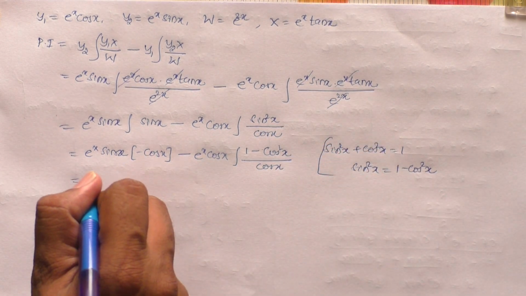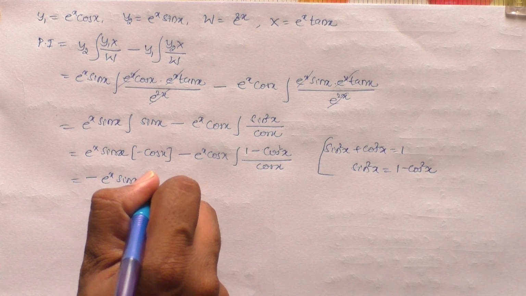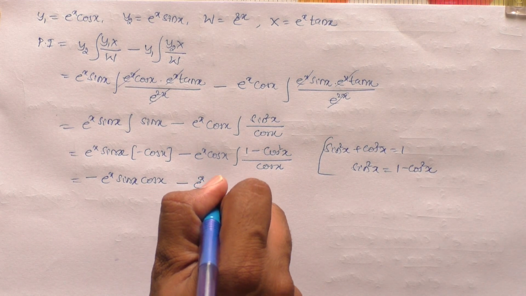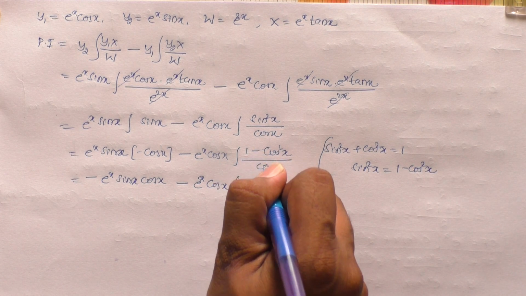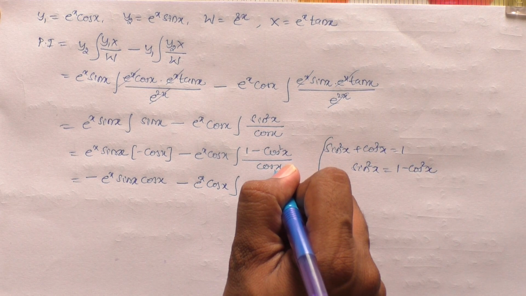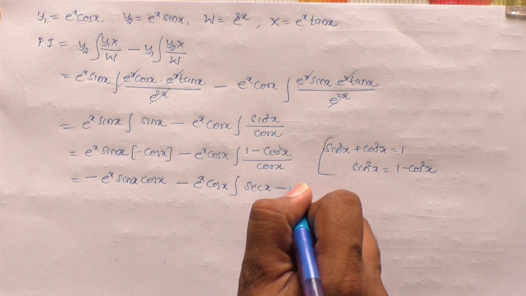Now, the first term is minus e raised to x sin x cos x, this one as it is, minus e raised to x cos x into the integration of, now divide separately, 1 by cos x is sec x, minus cos square by cos, so cos gets cancelled and you will get cos x.